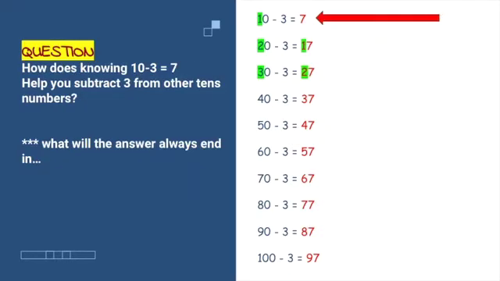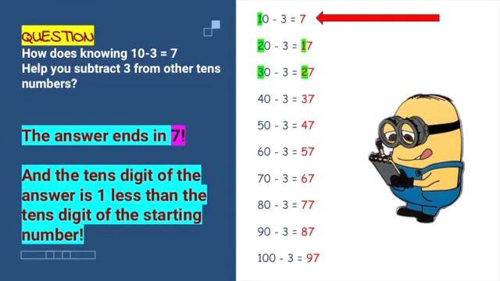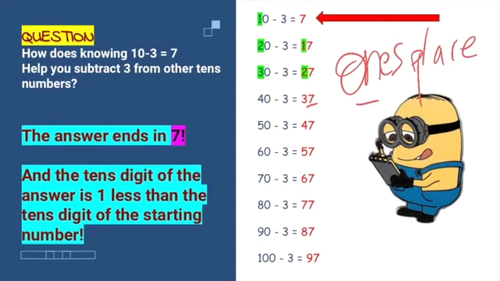How does knowing 10 minus 3 equals 7 help you subtract 3 from other tens numbers? Well, we know 10 minus 3 equals 7. That will help us because if we do 20 minus 3, 30 minus 3, 40 minus 3, 50 minus 3, the answer, the ones place will always be 7.